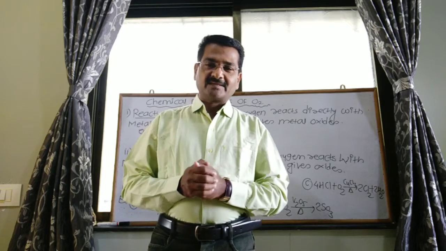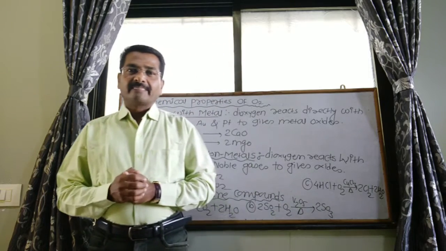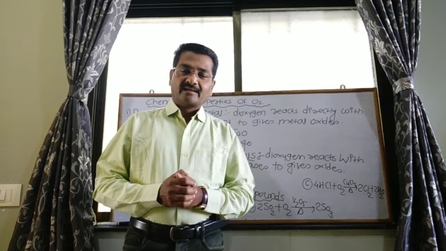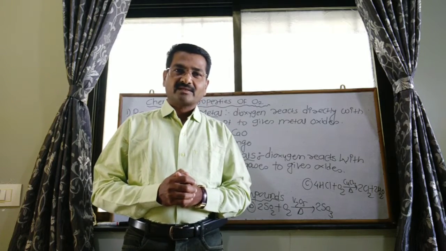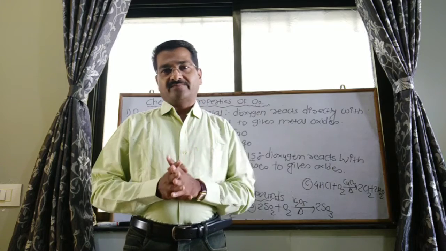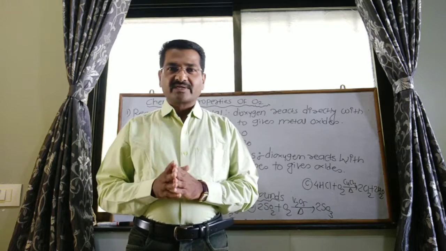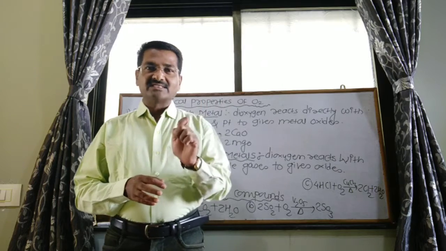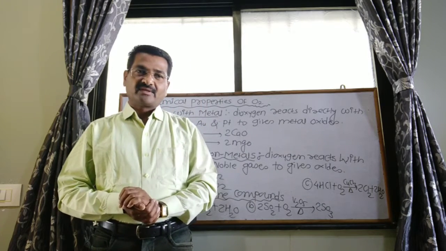That is the physical state. Second point is solubility: dioxygen is slightly soluble or sparingly soluble in water. So it is soluble in water, but only to a small extent.